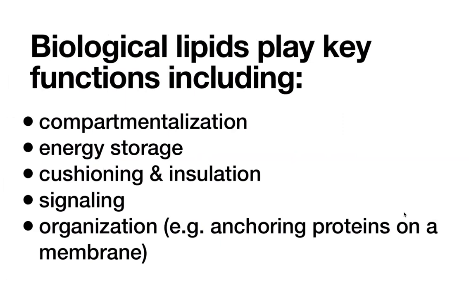But all of these are going to allow for things like compartmentalization, having those phospholipids and glycolipids that are making up our membranes with the help of sterol, keeping things fluid, providing those triacylglycerols, forming those energy storage and cushioning and insulation. And then we had our signaling as well as organization, having sugar chains and having proteins attached to the membrane proteins.